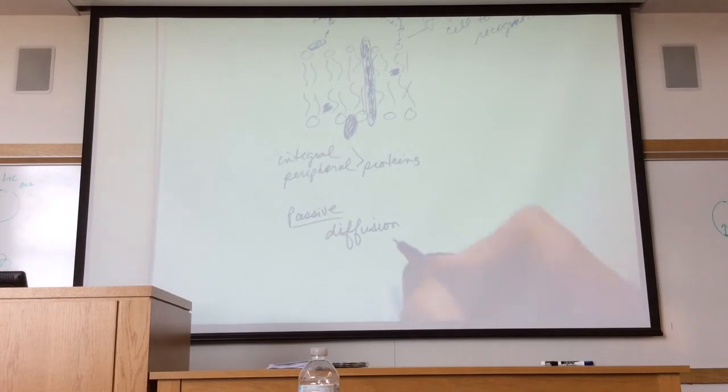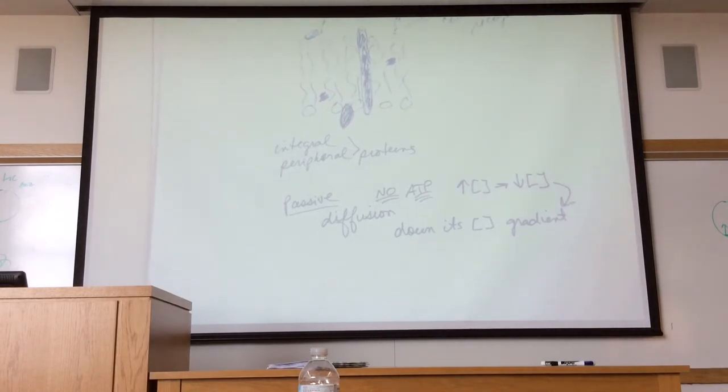Diffusion means that it's passive, you need no ATP, no energy is added. You're moving from a high concentration to a low concentration. Another way to say this is the molecule is moving down its concentration gradient. Down the gradient. That means going from high to low.